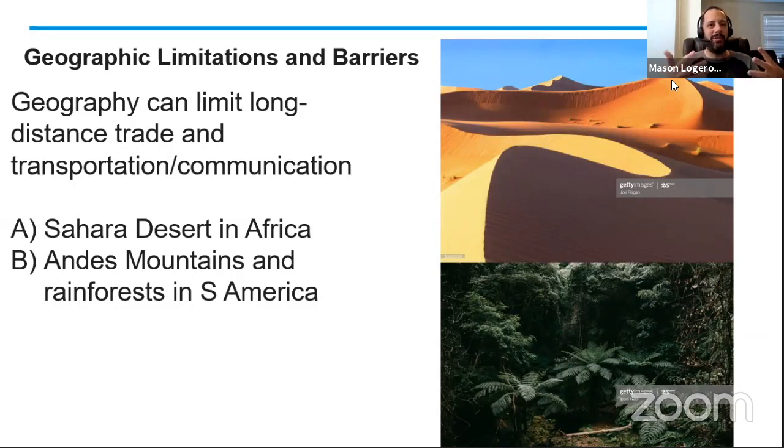Why would you risk your life doing that? Until gold and salt are discovered, those are both extremely valuable. Gold, you know, because it's gold. It's shiny and really pretty and everybody wants it and you can make really cool stuff with it. Salt, well, everybody needs salt. It makes your food taste good. Everybody wants it. And so when that happens, then you start to see that trade across the Sahara Desert. But before that, you really don't.